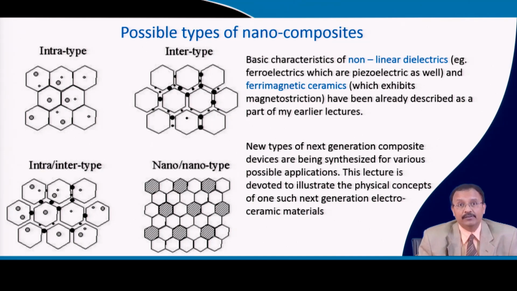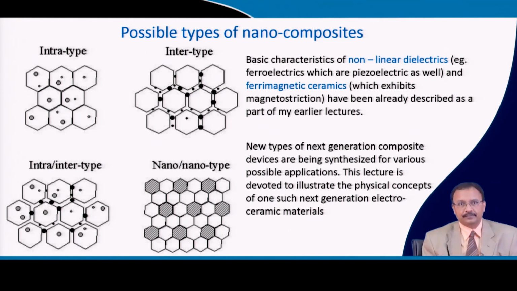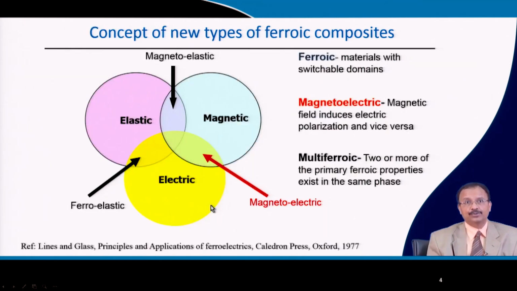So, it is a new generation of composite device that basically are synthesized for various possible applications. So, in this particular lecture, we are devoted to illustrate the physical concept of such electroceramic material and where exactly they can be used.